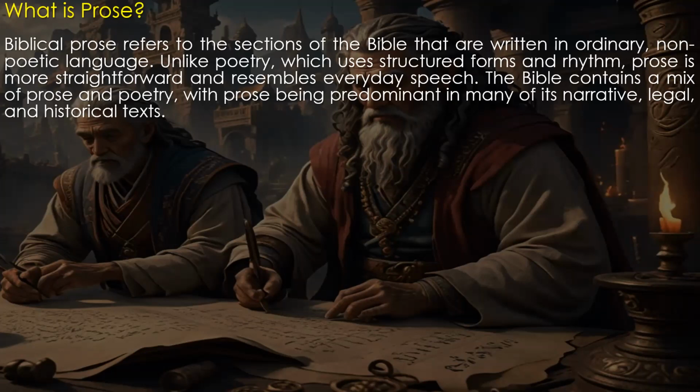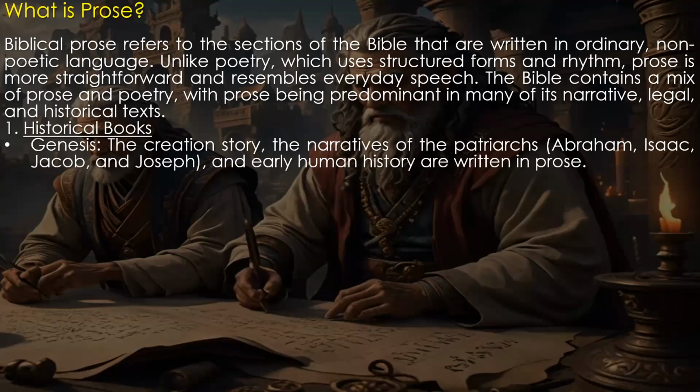Now, the Bible contains a mix of prose and poetry, with prose being predominant in many of its narrative, legal, and historical texts. And so I thought it would be good to show you which books of the Bible it appears in and at what points.